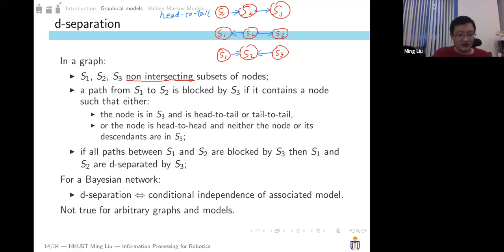In this definition, we want to define the following two concepts. One concept is called blocked.